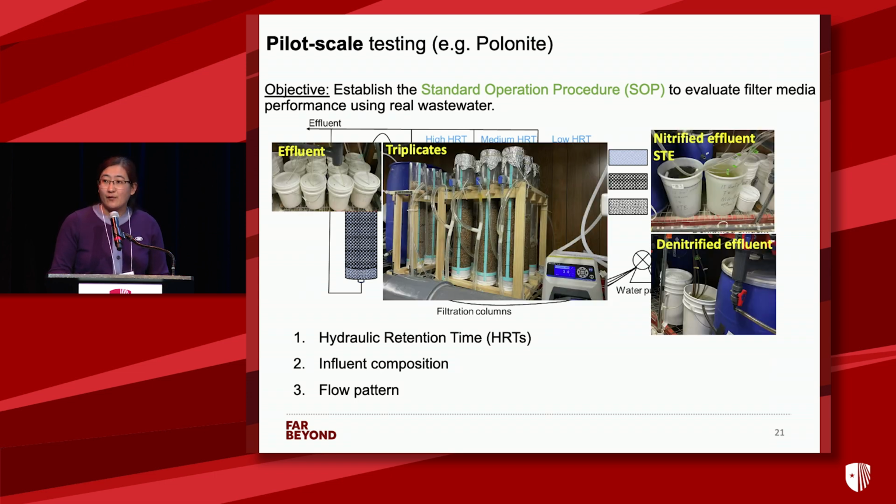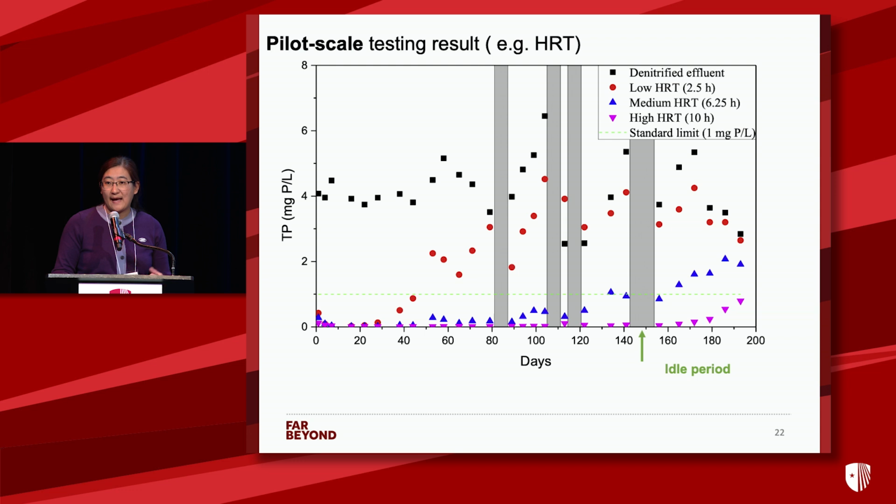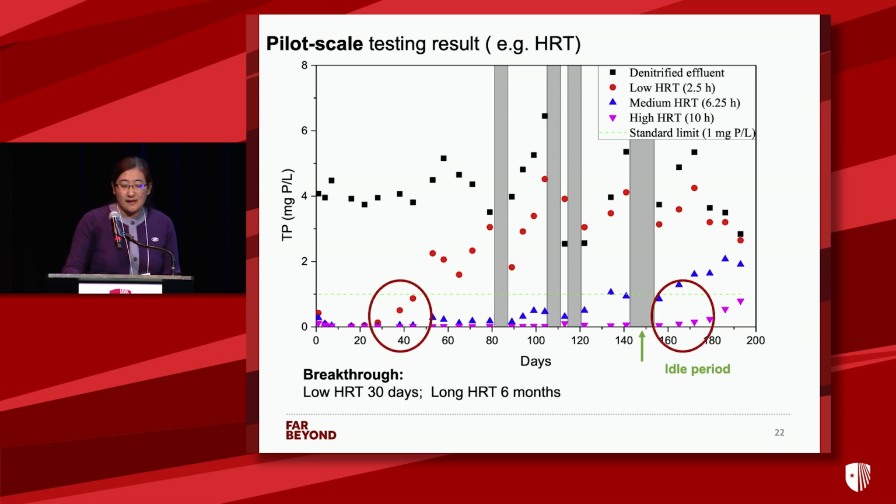So here are a few photos we took from our real system setup. I'm going to share with you a result on the hydraulic residence time impact on the media performance. Here is the figure showing that when we use polonite as the filter media, we tested it with real effluent from our NRB systems. You can see in this figure, the black squares are our influent phosphorus concentration.